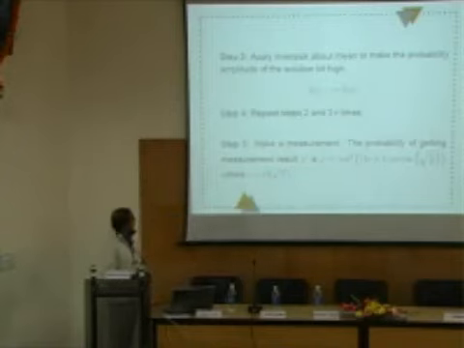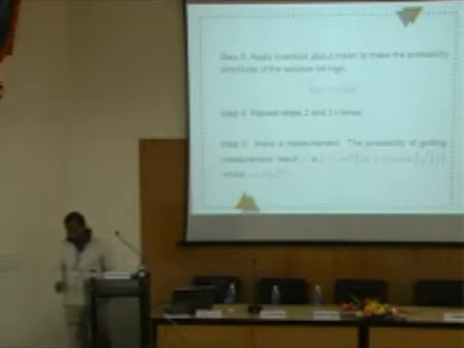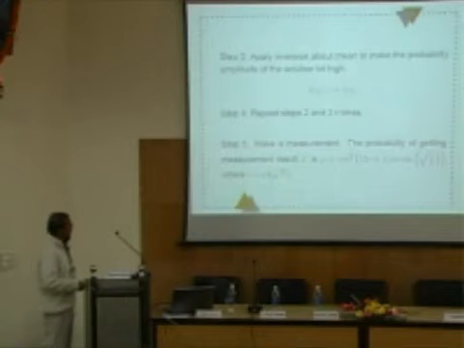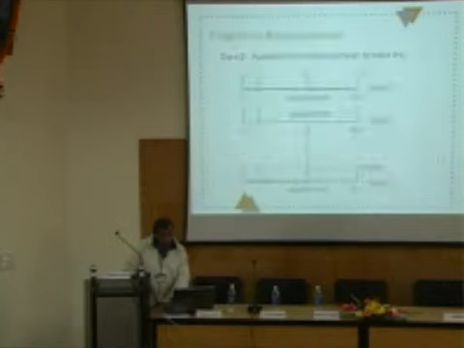Then repeat steps 2 and 3, r times, and finally make a measurement. As you know, quantum computation is probabilistic, you don't get a definite answer. So the probability of getting the measurement result is this one, where r is always root over n. So this is Grover's result.